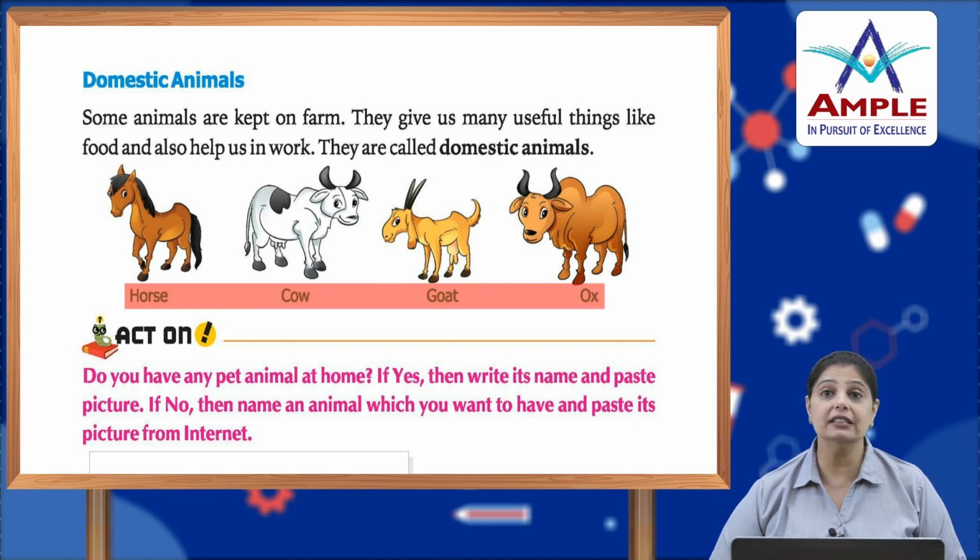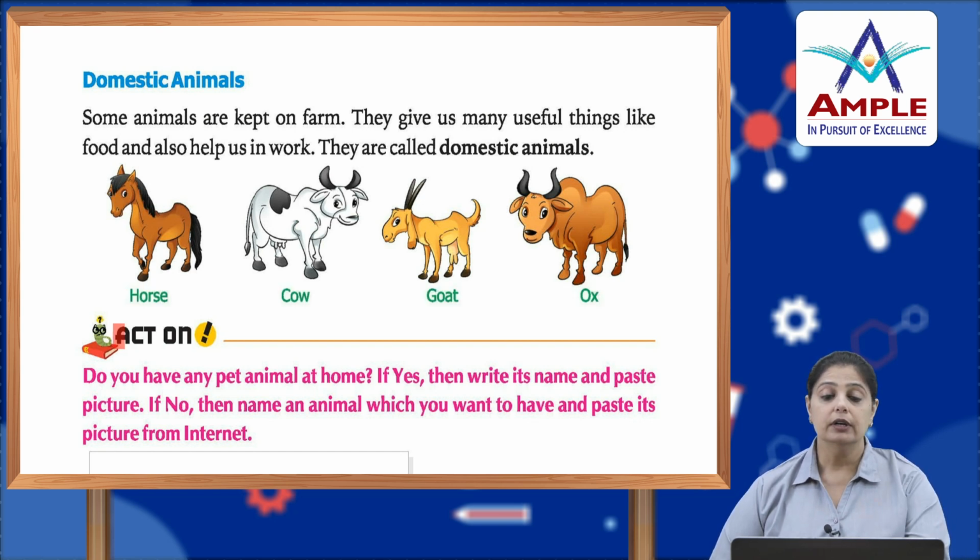We get certain things from them, and they also help us in our work. Like the cow gives us milk. Goat also gives us milk. Goat is also used for meat. Ox is used to plow the farm. Horse is used to carry the burden.